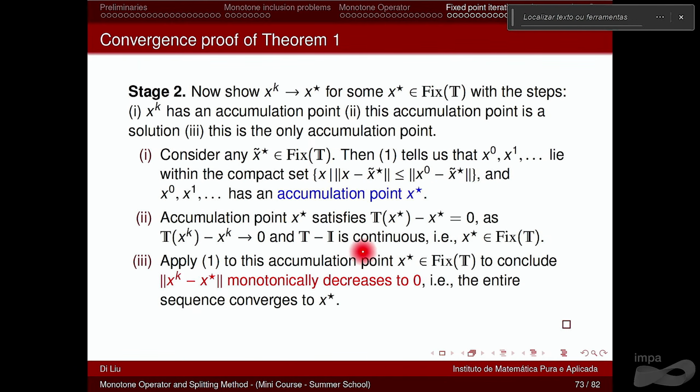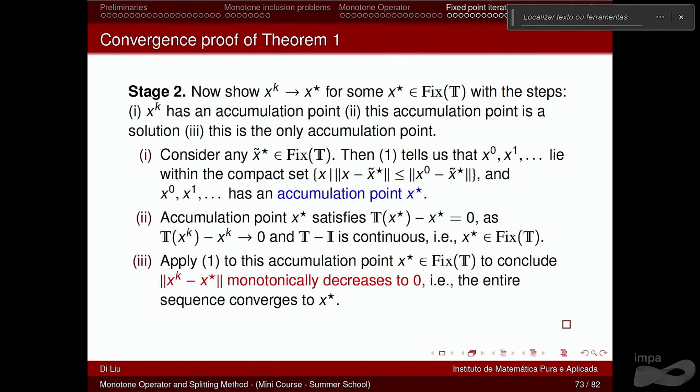We can assume that there is a subsequence xkj such that xkj approaches x star, and then we apply the first inequality to this subsequence. Then we get not only that it is monotonically decreasing, but also that it decreases to 0. So we can see that the whole sequence converges to x star. So this is the analysis for theorem 1.